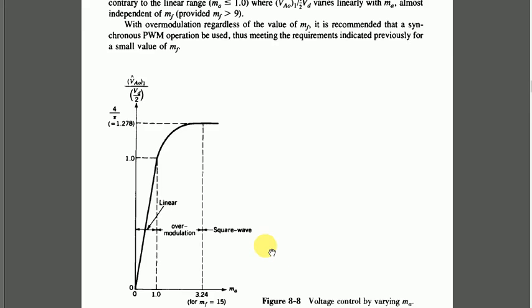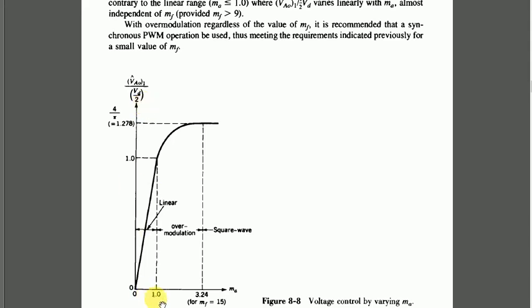Now this is the waveform which shows the relationship between the amplitude modulation ratio, as we can see over here on the horizontal axis, and the same parameter that we had seen before, the normalized value of the fundamental frequency component of the output voltage.